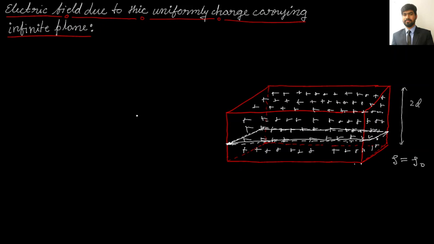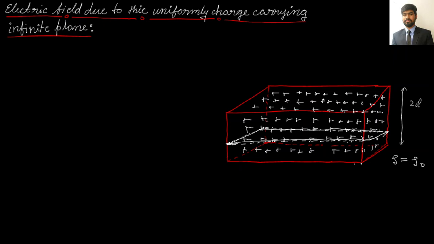If we consider a Gaussian surface inside and outside, there is no charge outside and there is charge inside. Because of that, the electric field inside this thick plane and outside this thick plane will have a different nature.